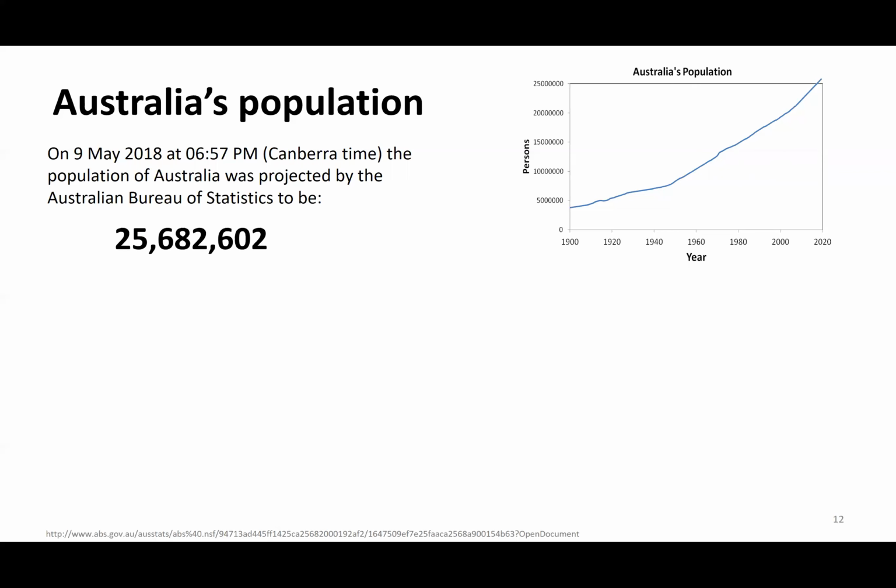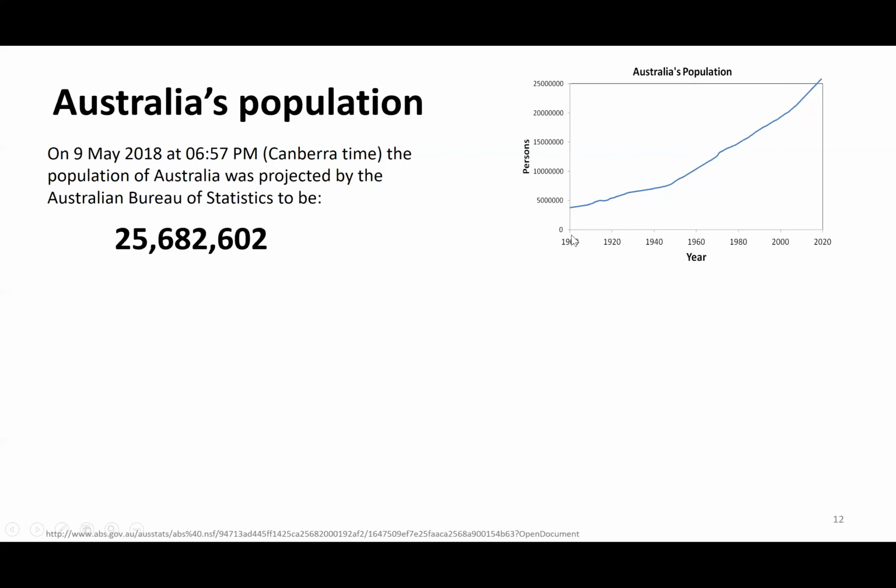On Saturday evening, at around 7 p.m. Canberra time, the population of Australia is projected by the Australian Bureau of Statistics to be 25,682,602 people.